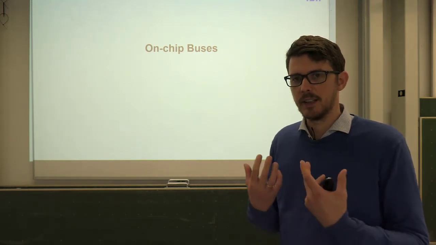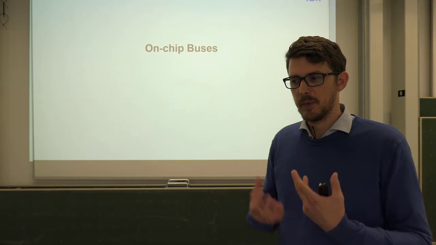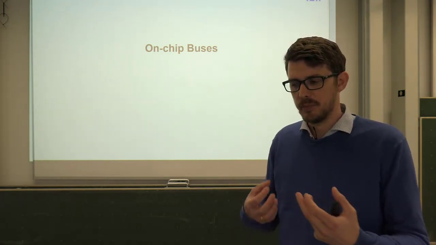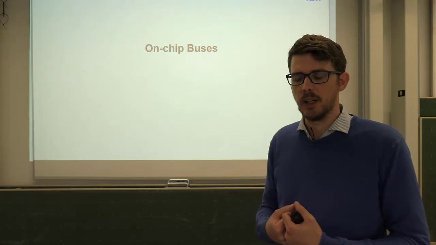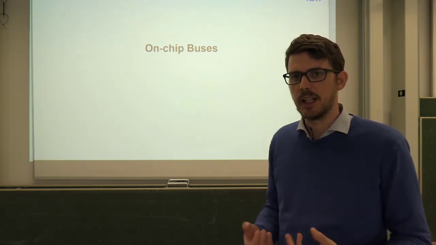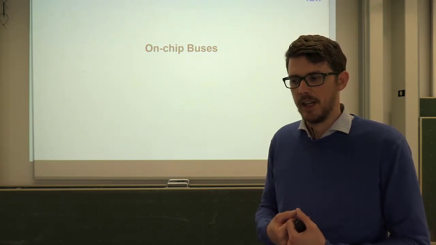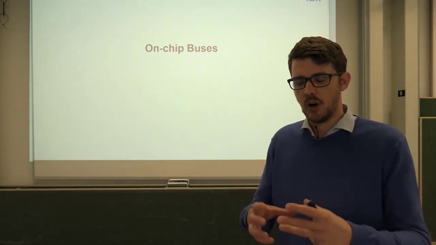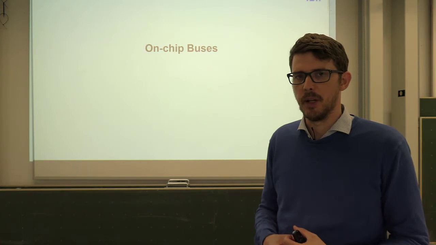That becomes, you have to connect all these things together, and it turned out that buses are not the best way of doing it anymore, and therefore they moved to this network on chip principle, where they're kind of mimicking what you have on the internet with different routers on a single chip.